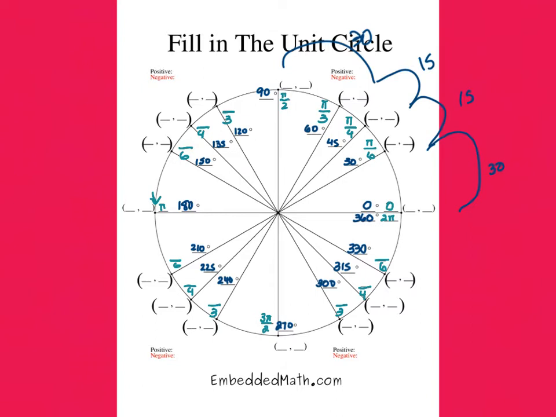So in the second quadrant, the numerator is 1 less than the denominator, which means this is 2 pi over 3, 3 pi over 4, 5 pi over 6. In the third quadrant, it's 1 more because we've gone past 1. So 7 pi over 6, 5 pi over 4, and 4 pi over 3.